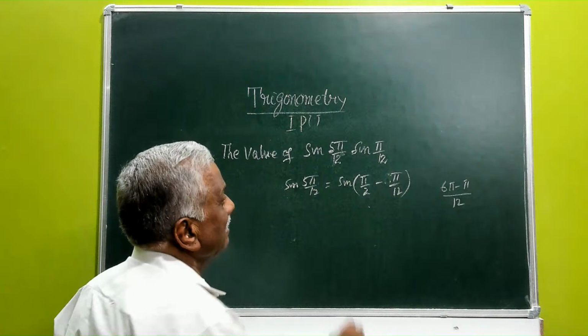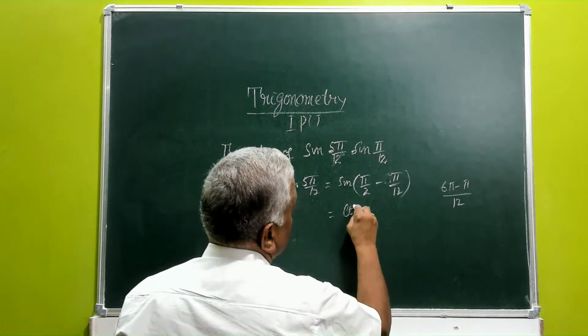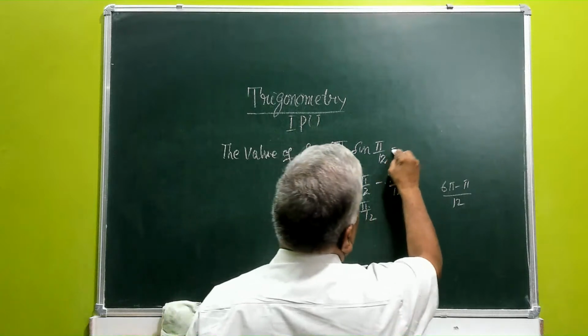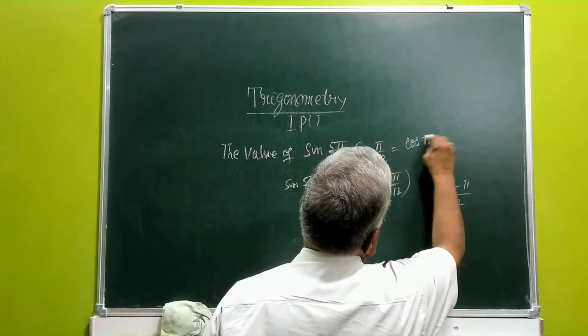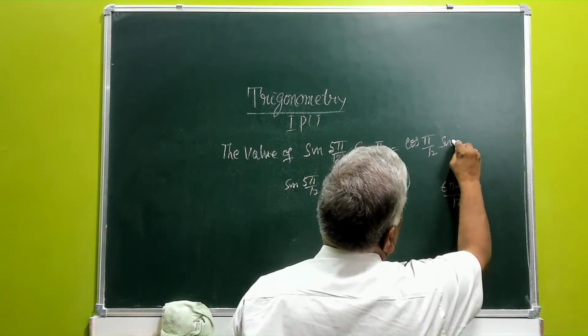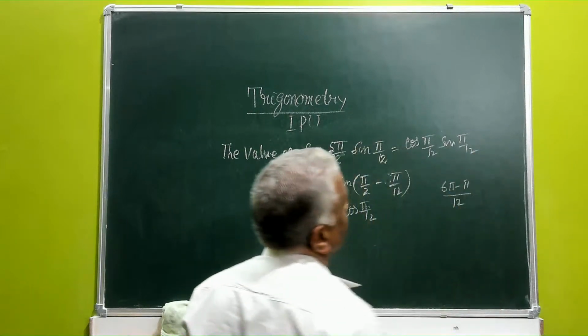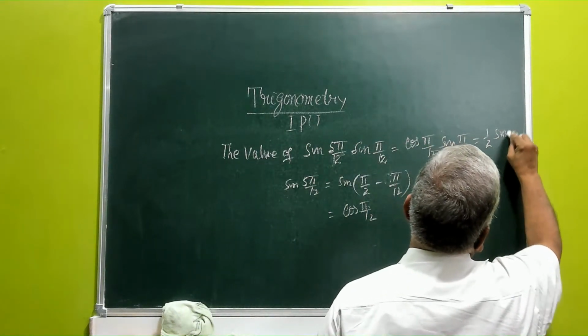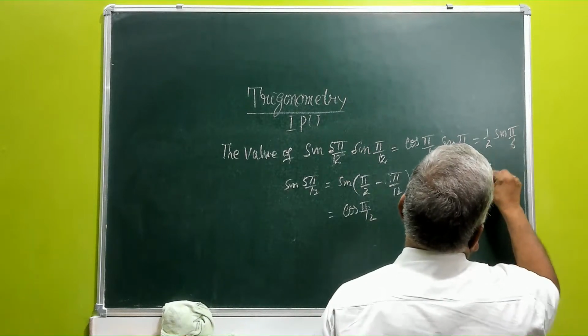What is sin of 90 minus theta? It is cos theta. So in this you are going to get cos pi by 12 and sin pi by 12, which is nothing but half sin pi by 6. That is nothing but 1 by 4.